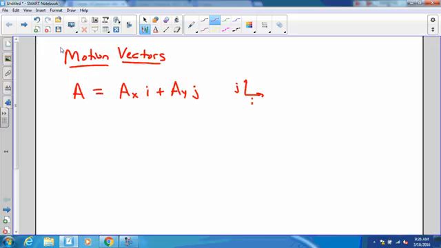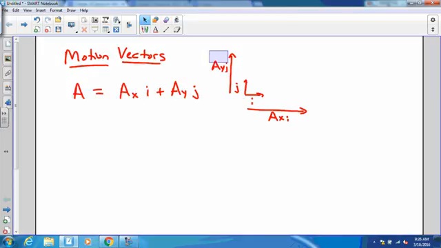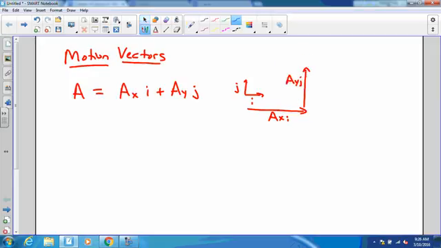And so the vector AXI plus AYJ will stretch I by the amount AX, and it will stretch J by the amount AY, and add the two together, so that AXI plus AYJ is going to end up being this vector.